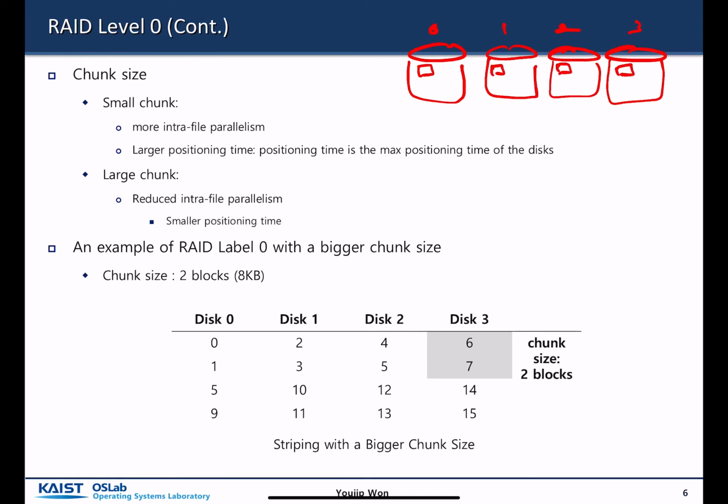So this is blocks 0, 1, 2, 3, and 4, 5, 6, and 7. So the chunk size is 1 block.